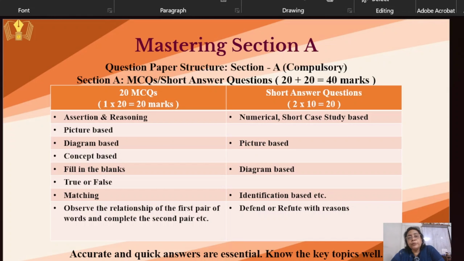Then the next step will be, you will try to read out the reasons and see whether reason is really a correct explanation of A, that is assertion, or it's not a correct explanation of the assertion. Be very careful in reading the question paper. Accurate and quick answers are essential. You should know the key topics well.